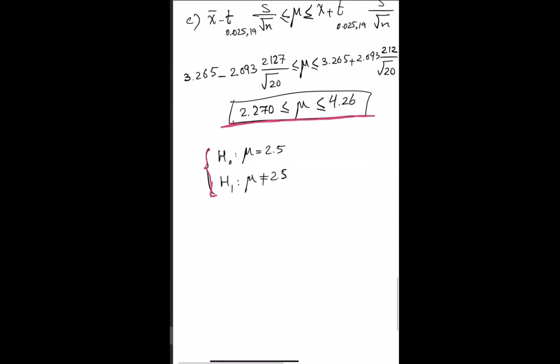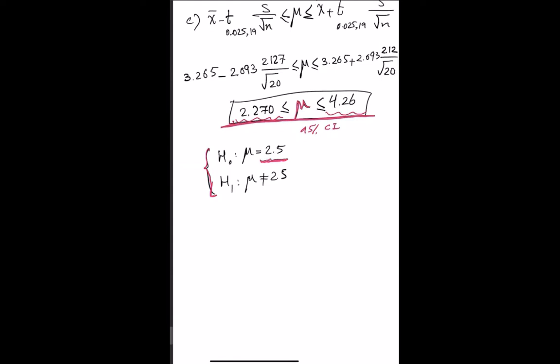Yes, so the value that we want to see if it's correct or not, the 2.5, is in this interval. So basically this interval says that this is a 95% confidence interval. This interval says with 95% confidence, this unknown average that I'm looking for falls somewhere in this interval between this number and this number.